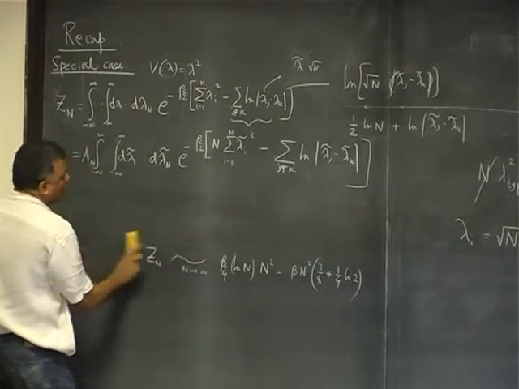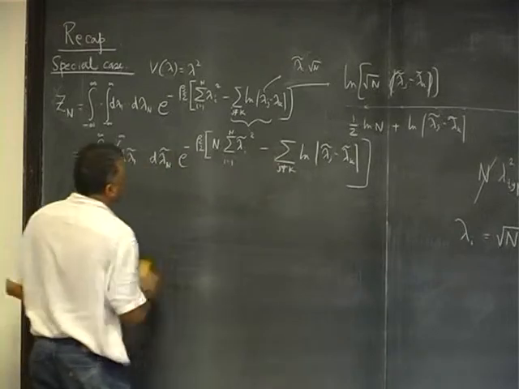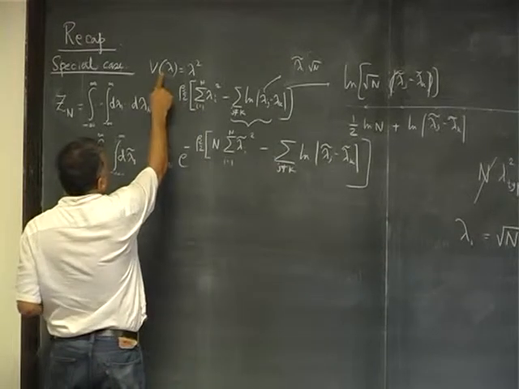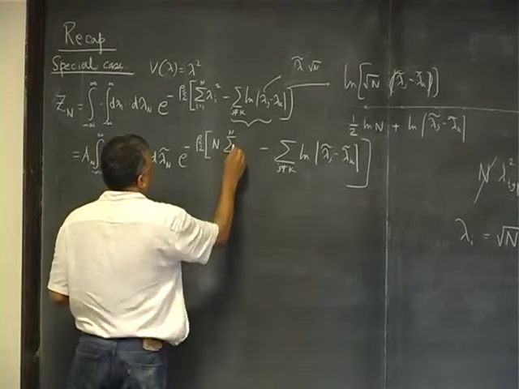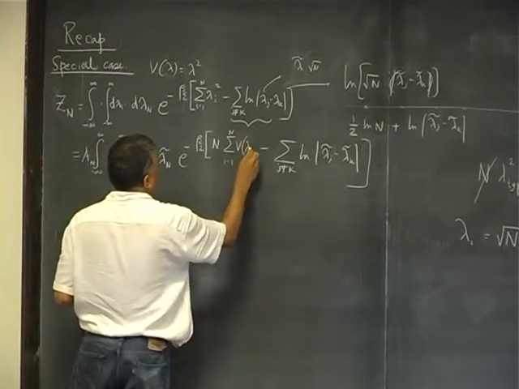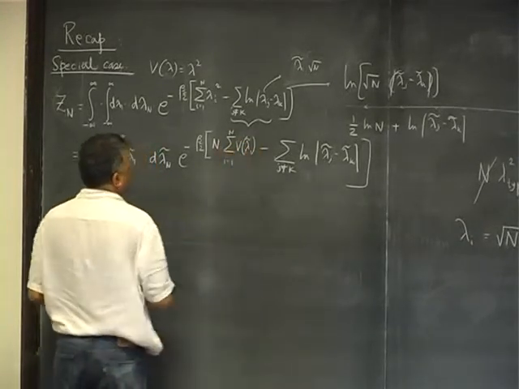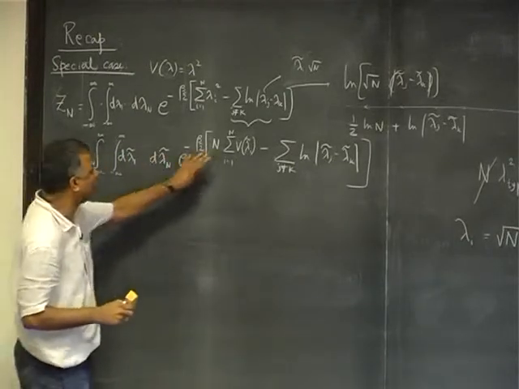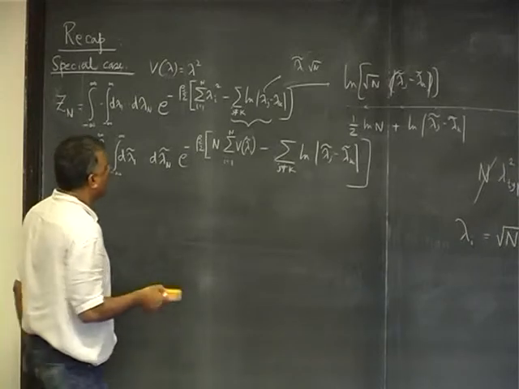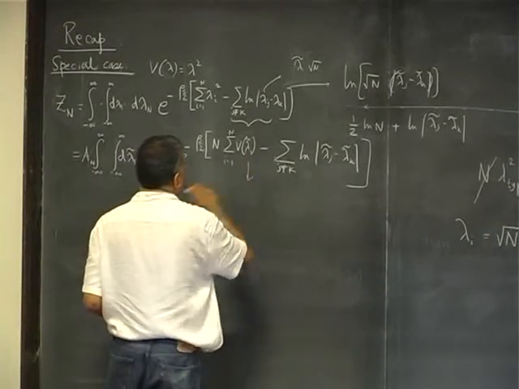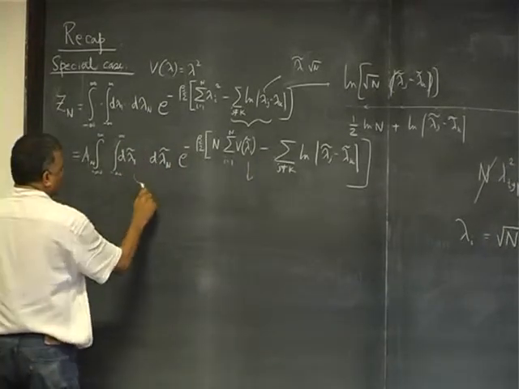So from now on, when I write my potential, and this is the same exercise if it is an arbitrary v of lambda I, in that case you just replace this by v of lambda I twiddle. Okay. In general, that's the convention. So I'm just using a factor n explicitly here, and then I'll forget about this lambda I twiddle, and in general, I'll call them again as lambdas.